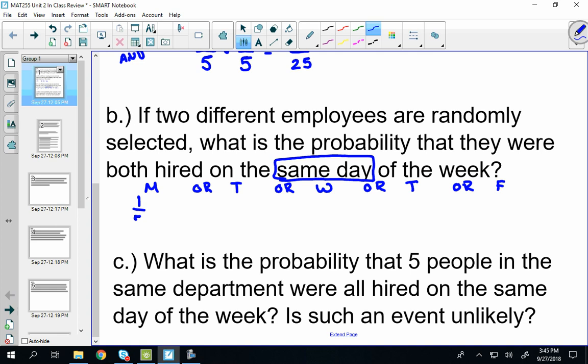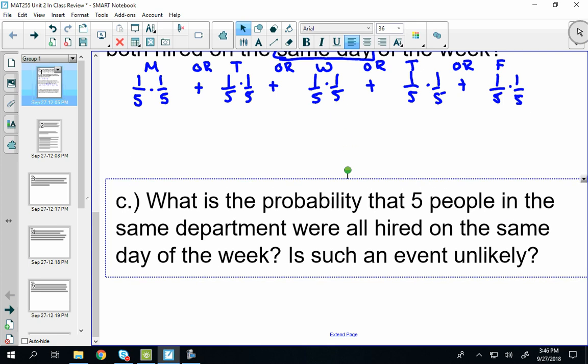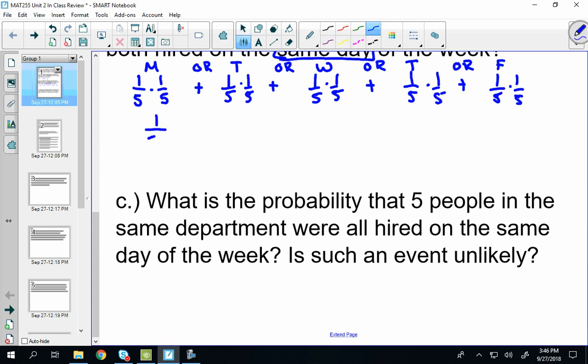So the probability that they're both hired on Monday is 1/5 times 1/5. The probability that they're both hired on Tuesday is the same thing, as is Wednesday, Thursday, and Friday. Now for this one, we have or separating each of them, and or is our keyword for addition. So what I'm really going to need to do is multiply each of these to get that 1/25, and then add all of them up.